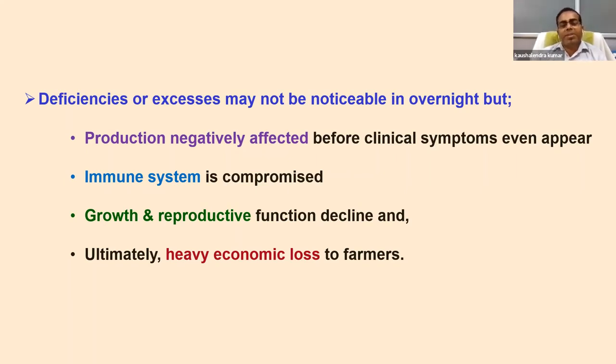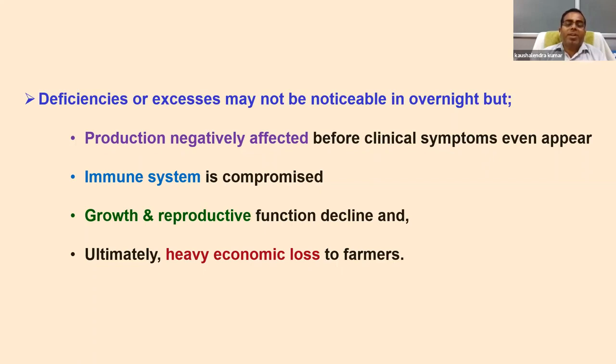So it appears after a very long time, and clinical symptoms take much time to develop. Due to that, the production efficiency of the animal will decrease, so overall herd production will be affected.